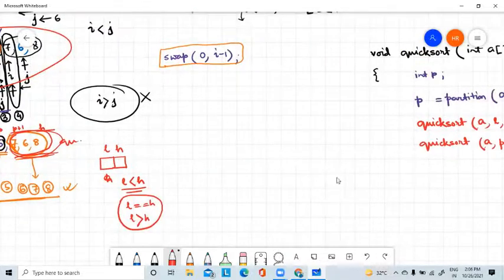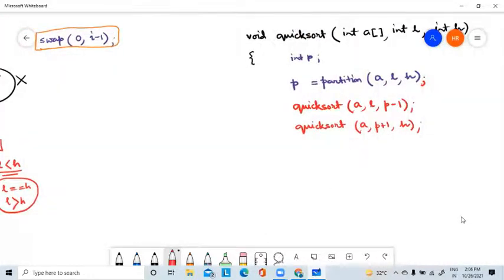So for which values do we have to continue this partition and quick sort? We will continue if L is less than H. If it is not, we will stop. So this is the main quick sort function.